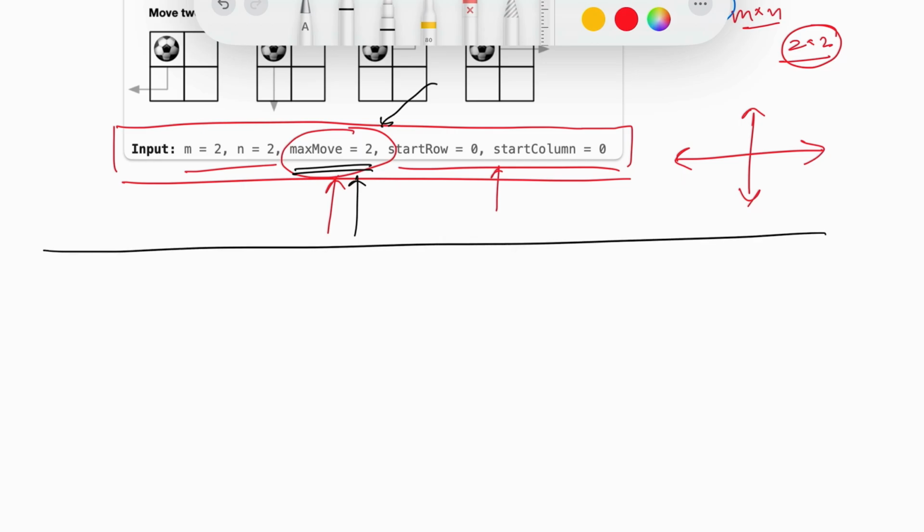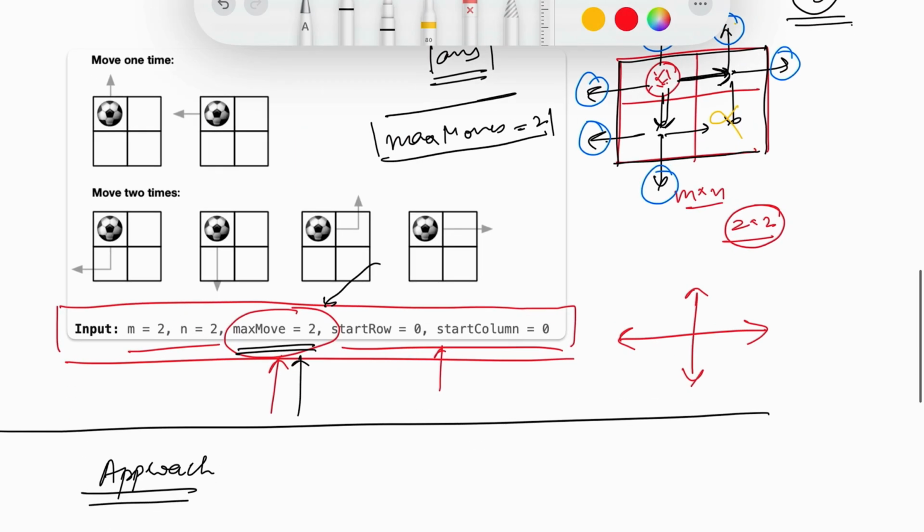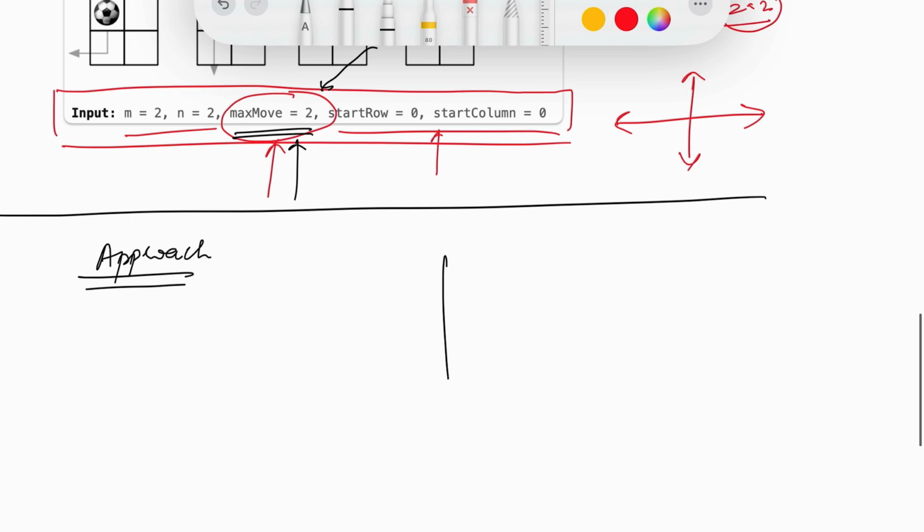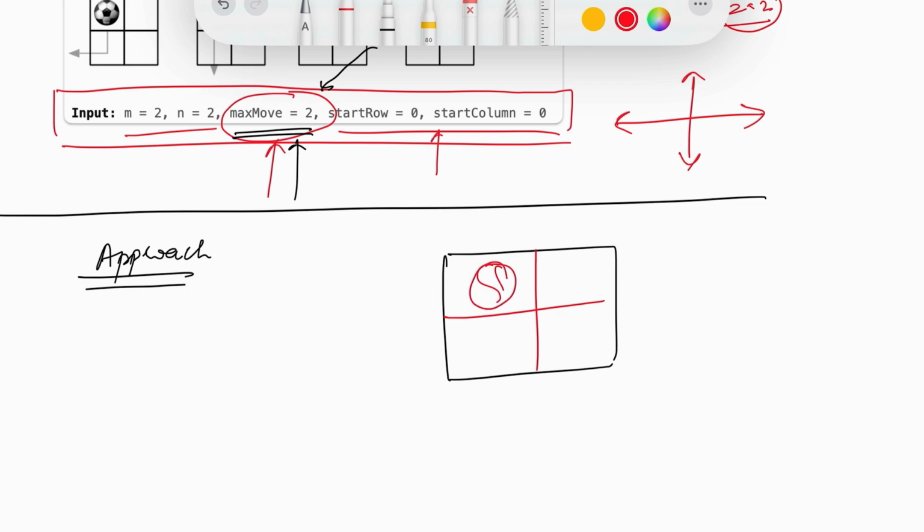Now let's move to the approach. Let's have a closer look at this example again. We had a 2 cross 2 grid, our ball was placed at 0 0, and we were allowed to make two moves. Maximum moves, let's call it capital M, were 2.